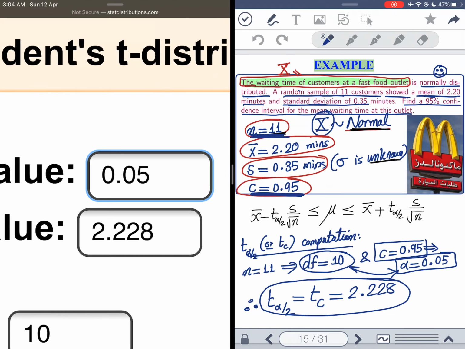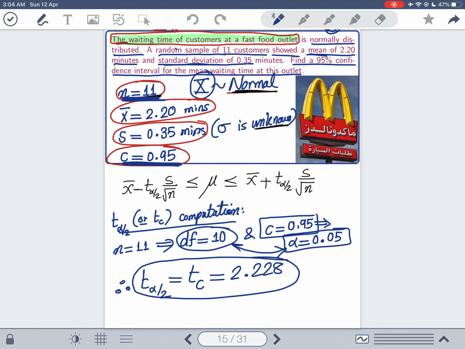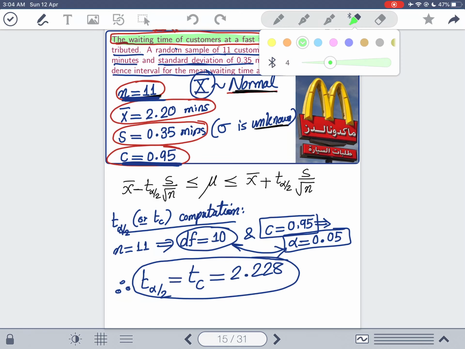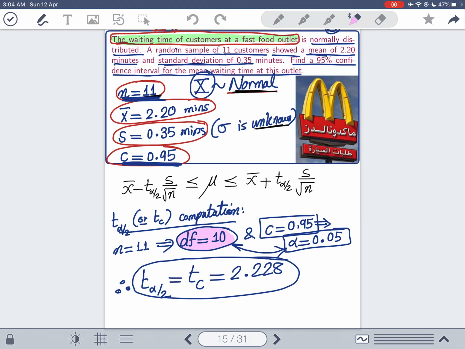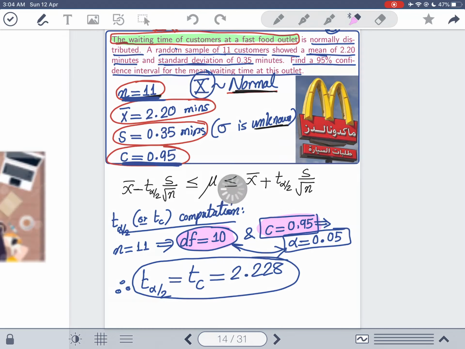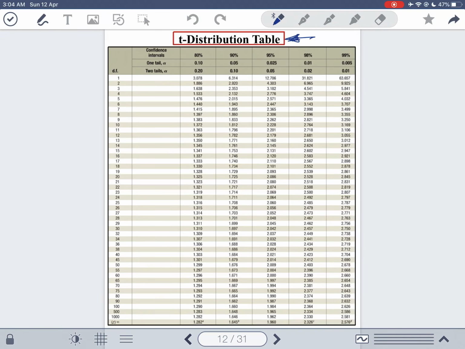So we just need a regular calculator. But just before I use the regular calculator, let's remember we have 10 degrees of freedom and 95% confidence. Let's make sure that the table will give us this value. So 95 and 10 degrees of freedom.